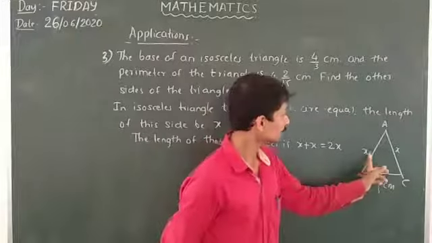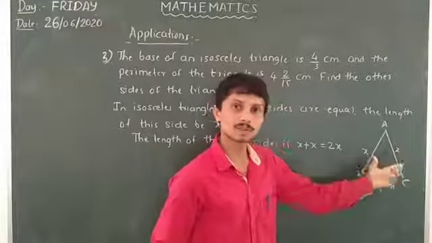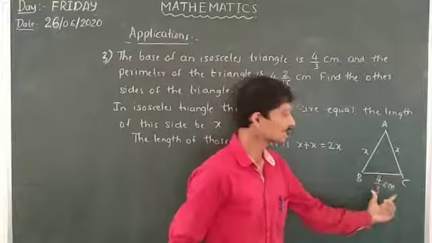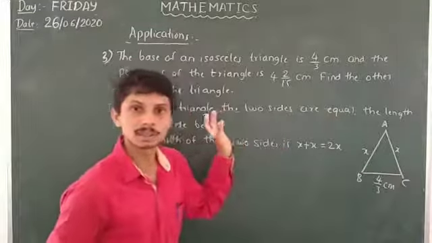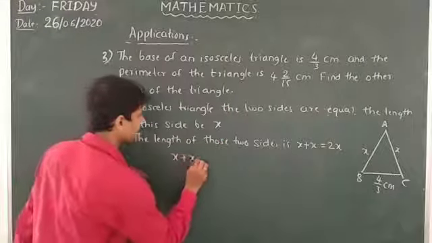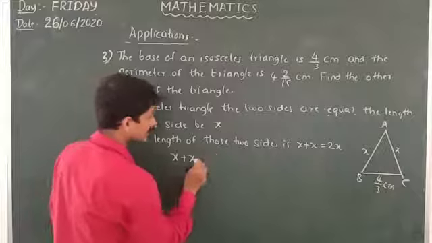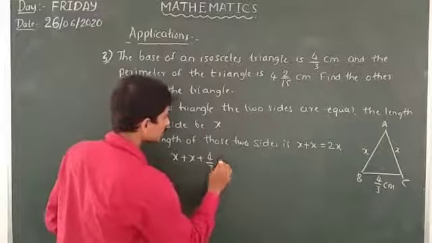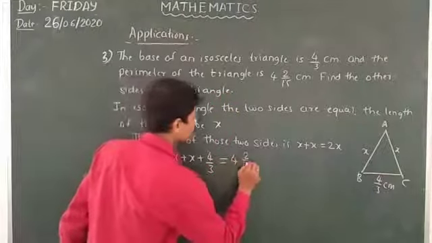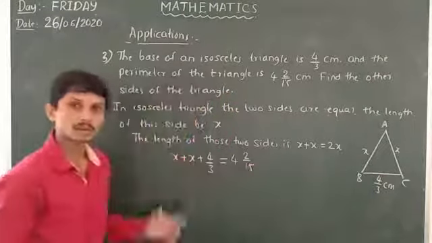So the sum of these two sides is 2x, and the sum with this side gives the perimeter. That means x plus x plus 4 by 3 is equal to the perimeter 2 by 15. So we have to solve it.